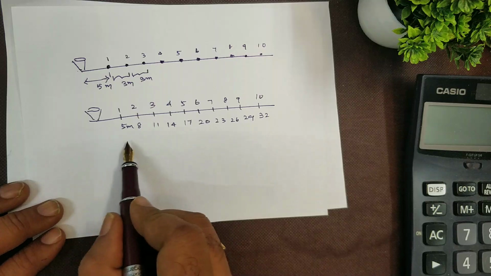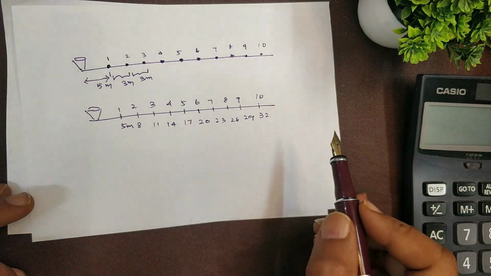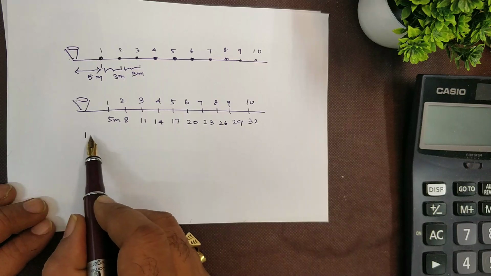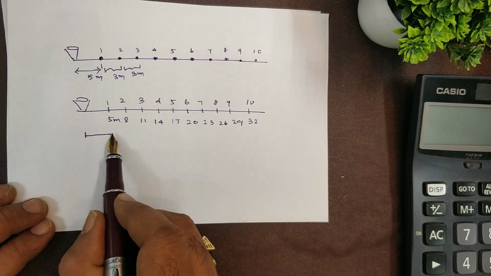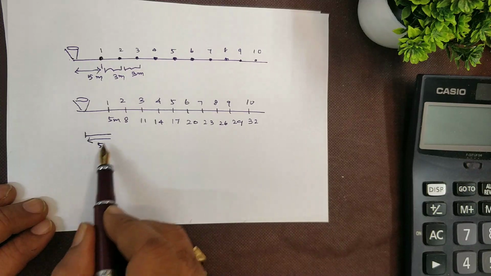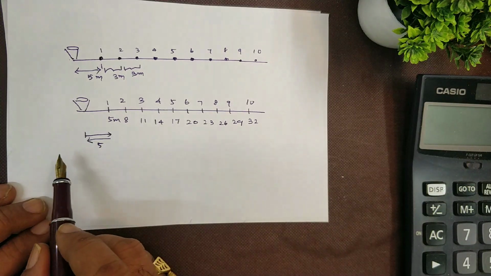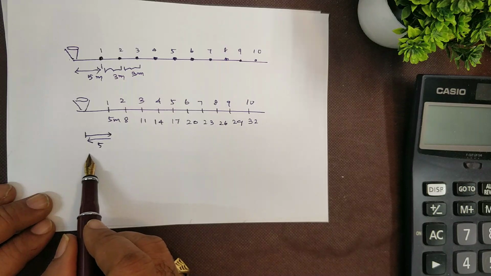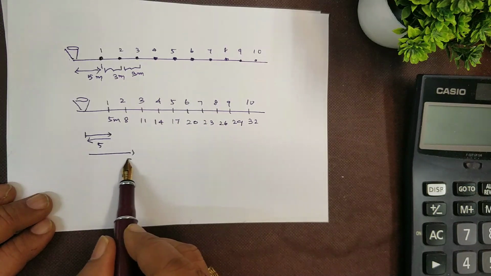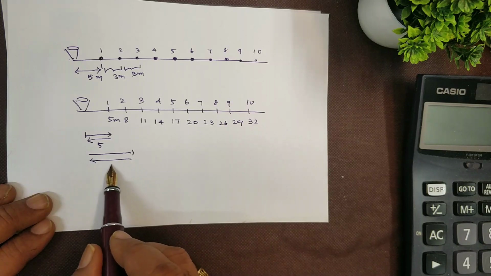So the competitor has to travel like this. She has to travel in this way. She should run from the starting point 5 meters and come back to the original position. So this is 5 meters. In the next stage, again she has to run 8 meters, then come back 8 meters.